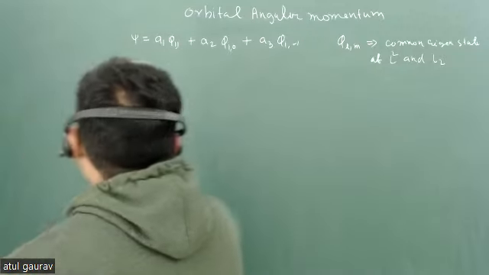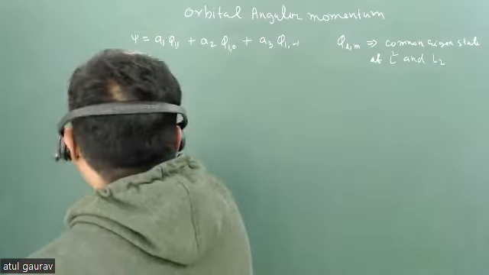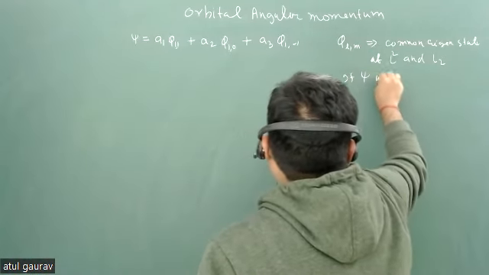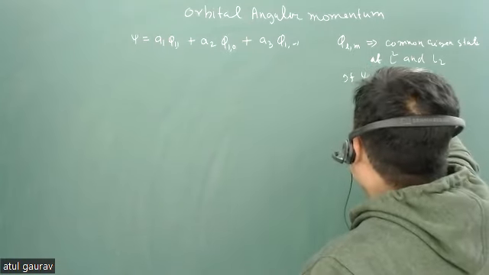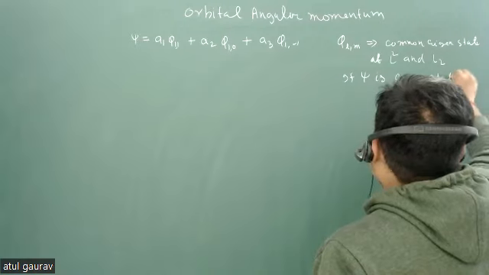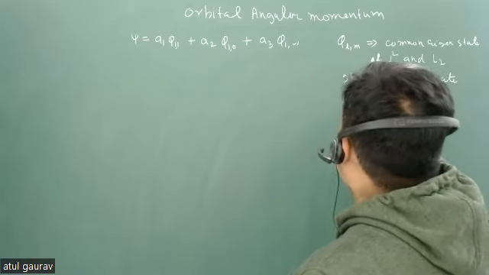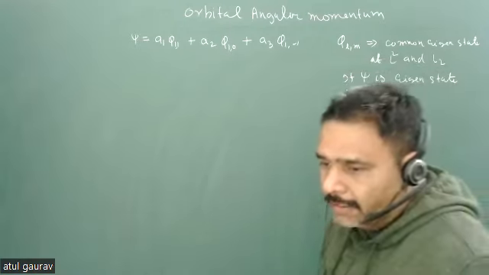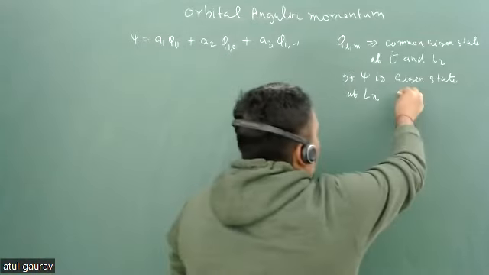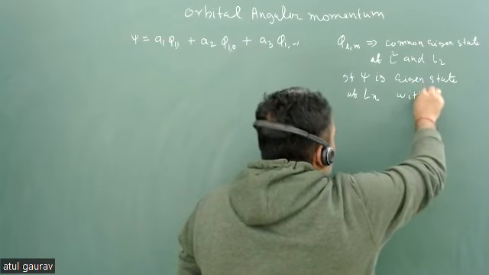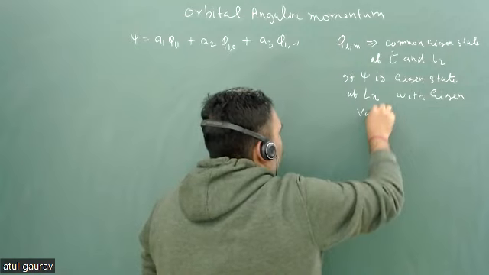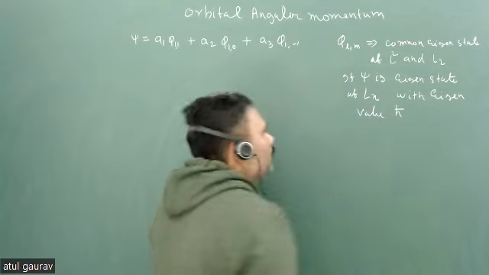So it is given that if psi is an eigenstate of the Lx operator, this is very interesting. So this is an eigenstate of Lx operator with eigenvalue h cut.